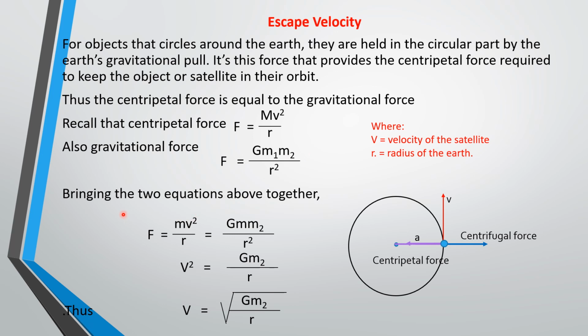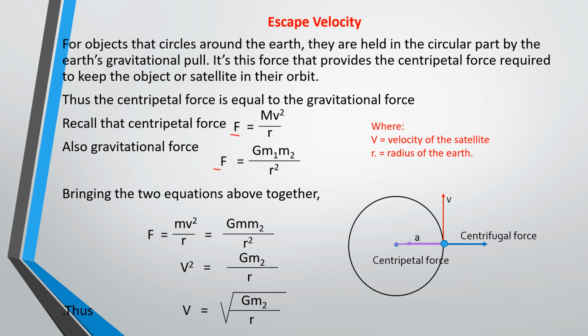If you put these two equations together, you have F equals mv squared over r equals G times the product of the masses over r squared.